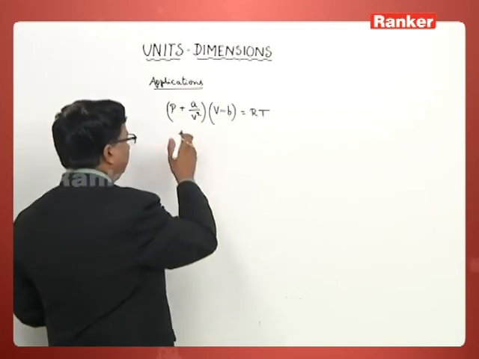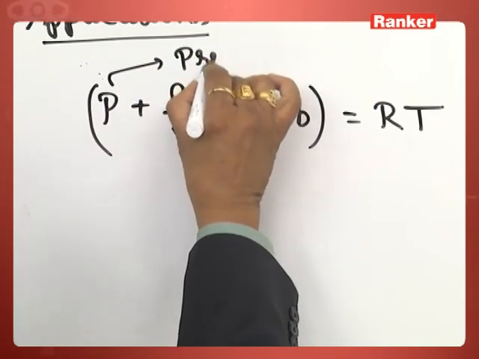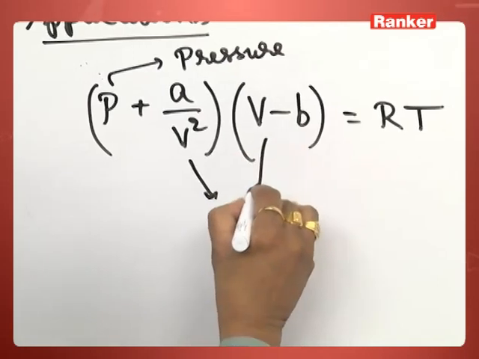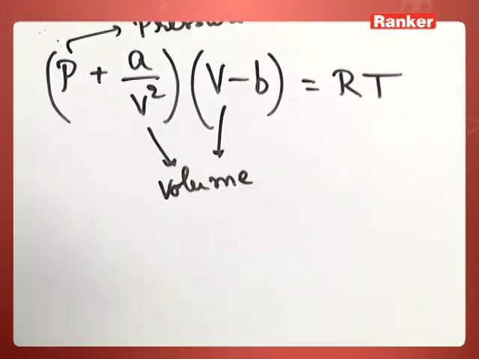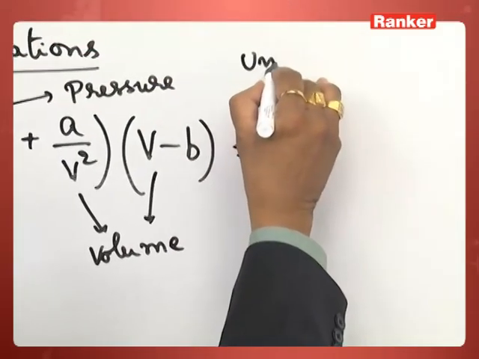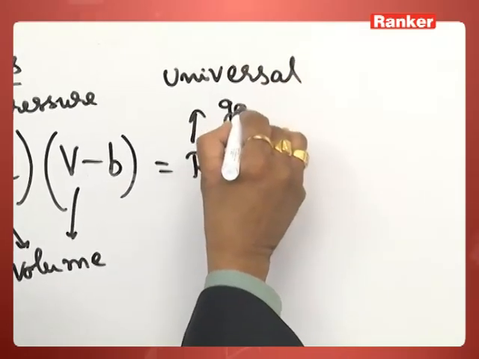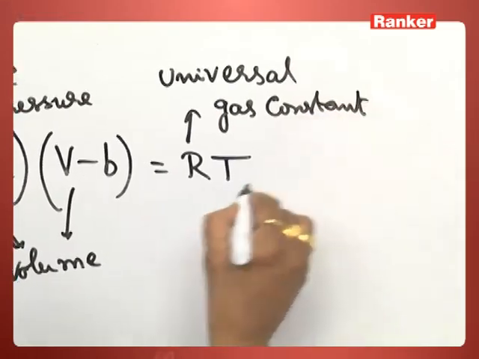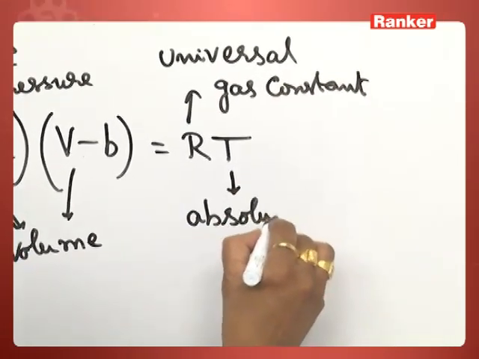Out of that, P is given as pressure, V is said to be volume, R is the universal gas constant, and T is absolute temperature.